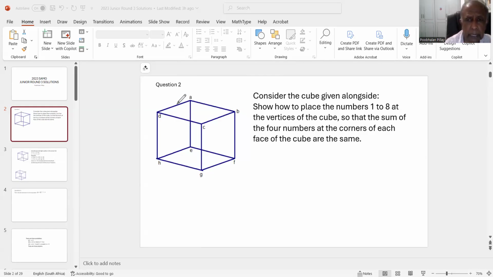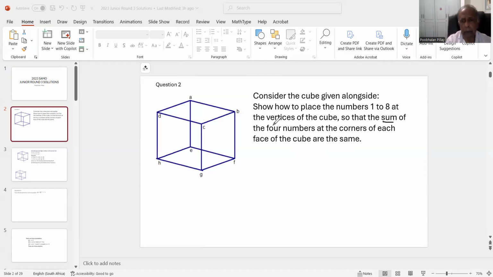In other words, when I add those top 4 numbers, it'll be the same as the bottom 4 numbers. It'll be the same as these side numbers. It'll be the same as those. In fact, there are 6 faces altogether, and in each face there are 4 vertices, and these 4 vertices are supposed to add up to the same quantity.